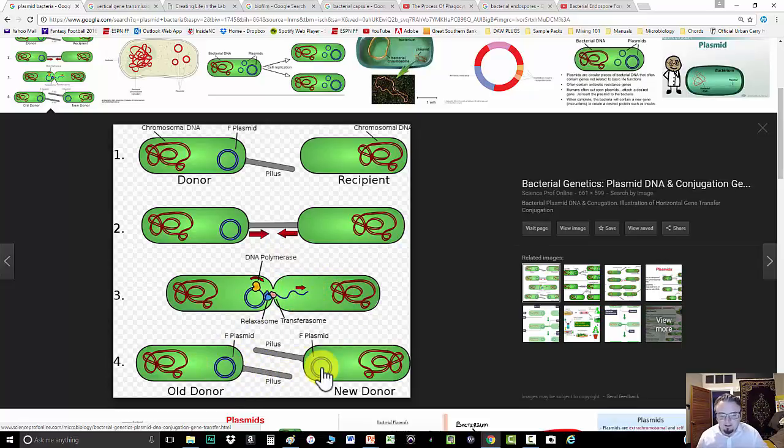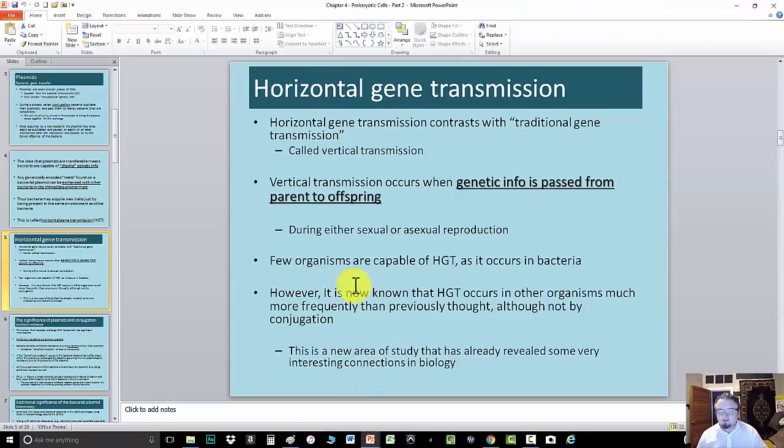After the process is complete, they each now have a full plasmid, whereas initially only one had one. And why this is so significant is that a gene of interest, or a gene that is significant to the survival of a population, can be easily transferred amongst a wide variety of bacteria relatively quickly.